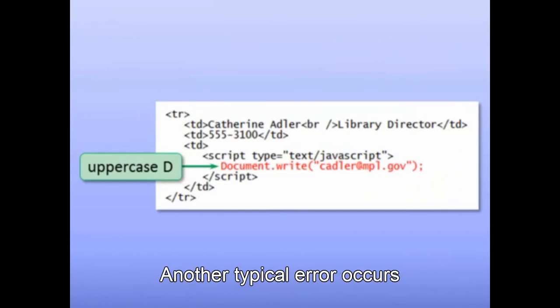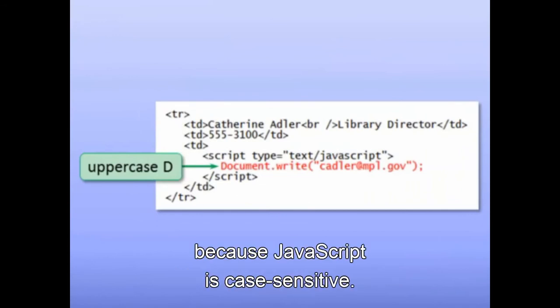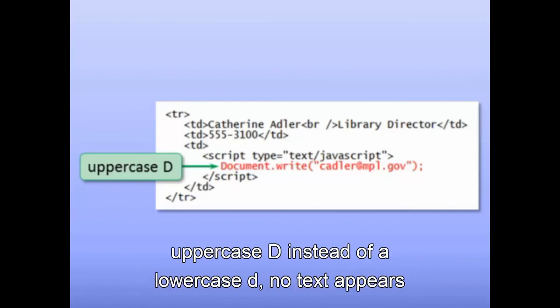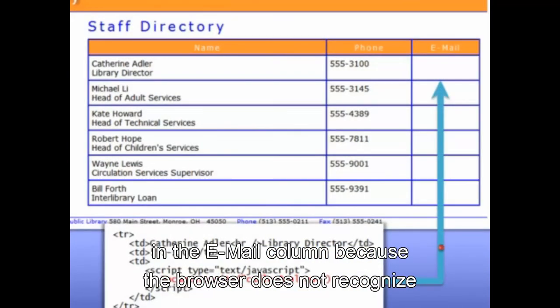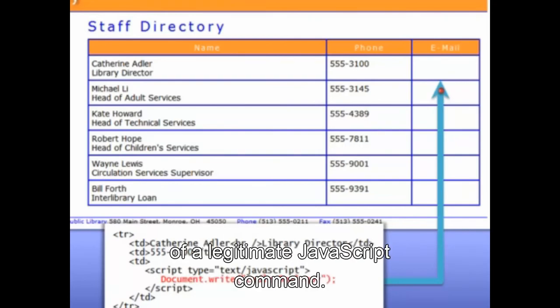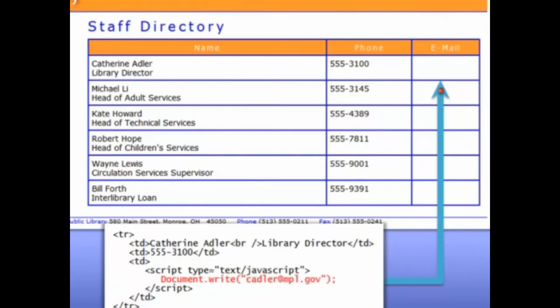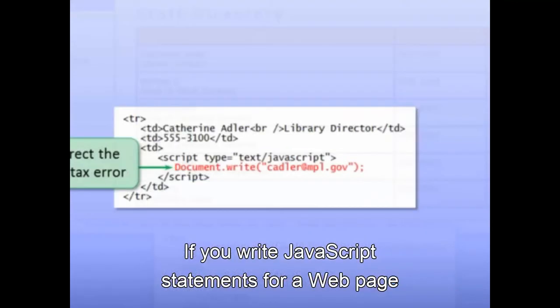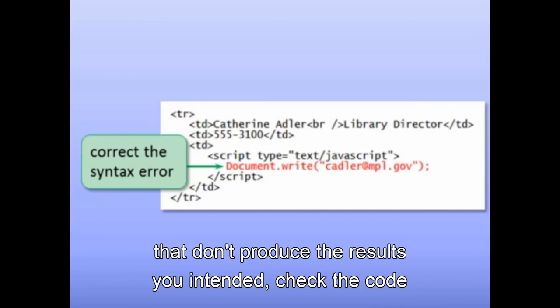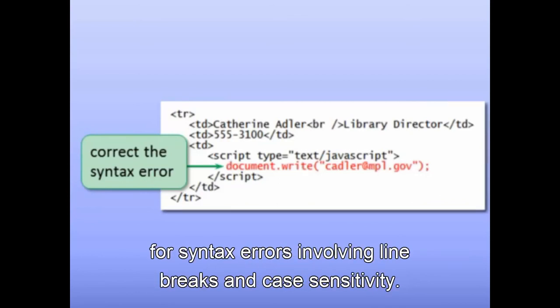Another typical error occurs because JavaScript is case sensitive. So if you enter the document.write command using an uppercase D instead of a lowercase d, no text appears in the email column because the browser does not recognize document with an uppercase D as part of a legitimate JavaScript command. If you write JavaScript statements for a web page that don't produce the results you intended, check the code for syntax errors involving line breaks and case sensitivity.